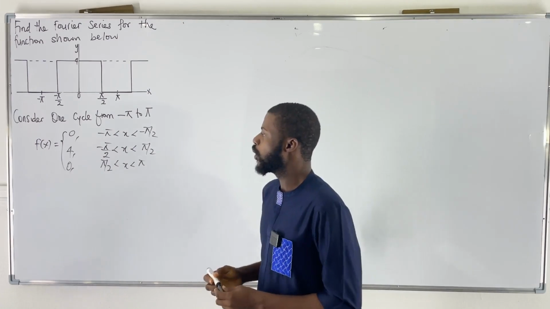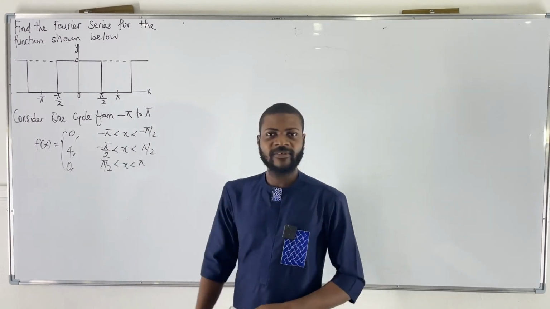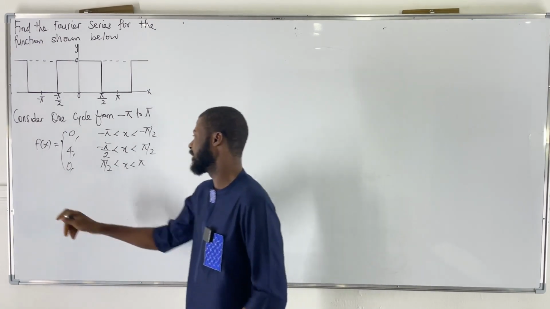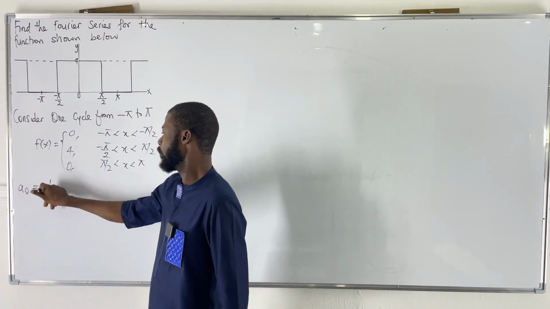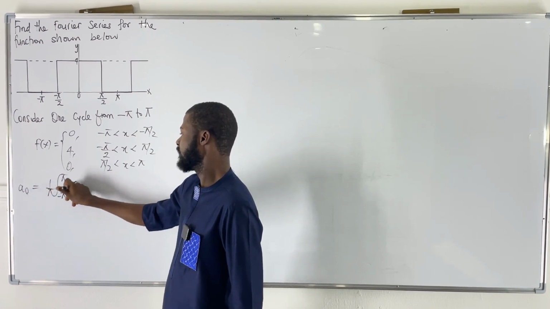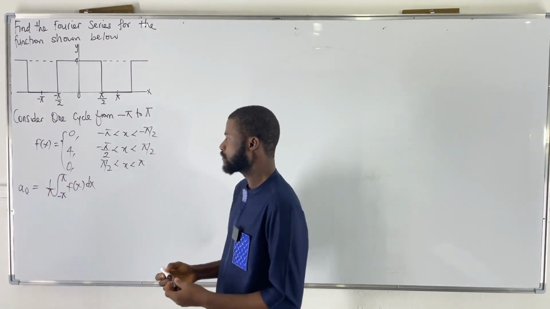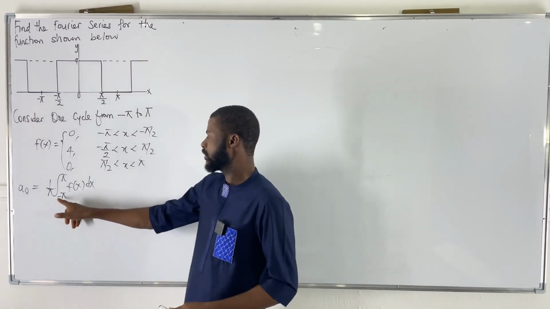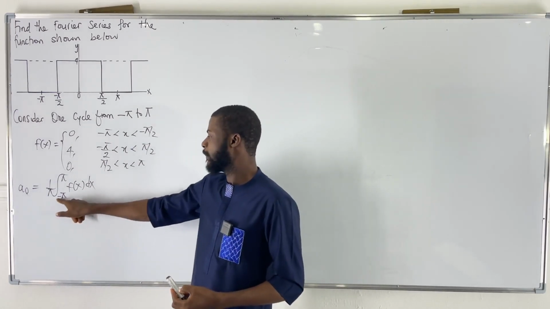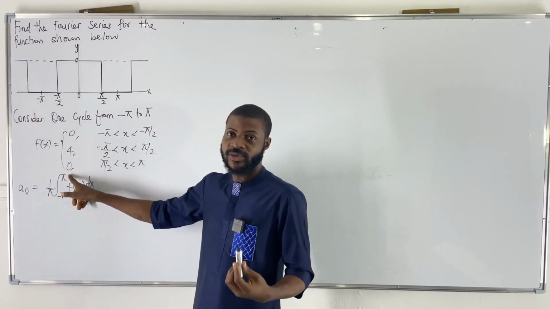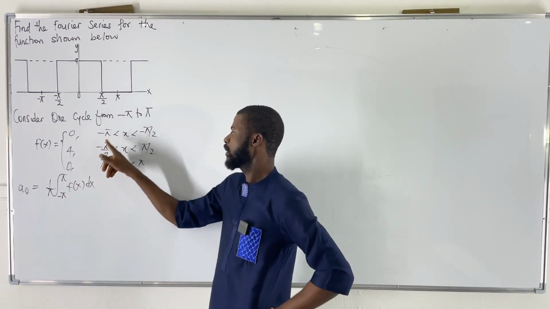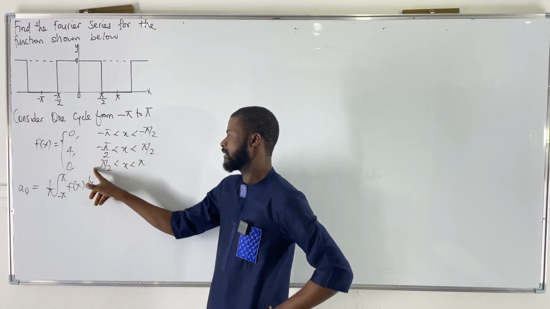So the next thing we want to do is to find our coefficients, a naught, a sub n, and b sub n. So a naught is 1 over pi integral from minus pi to pi of f of x dx. But the thing is, our function is not one single value from minus pi to pi. No single function value ran from minus pi to pi. We had minus pi to minus pi over 2, minus pi over 2 to pi over 2, then pi over 2 to pi.